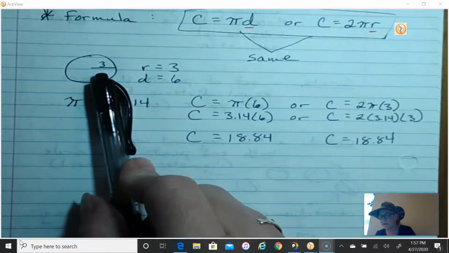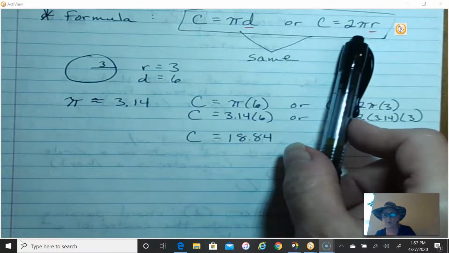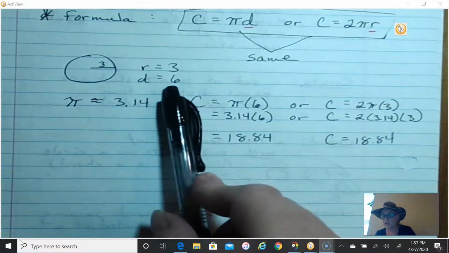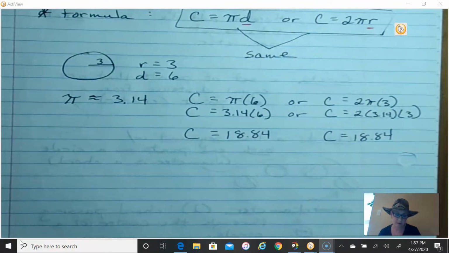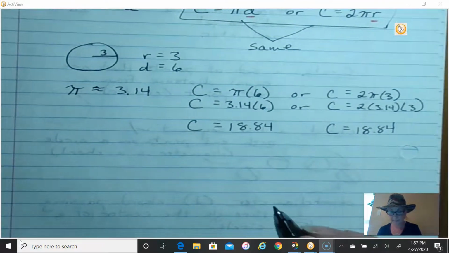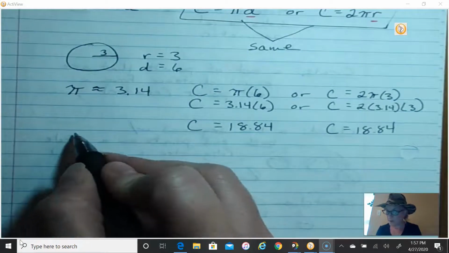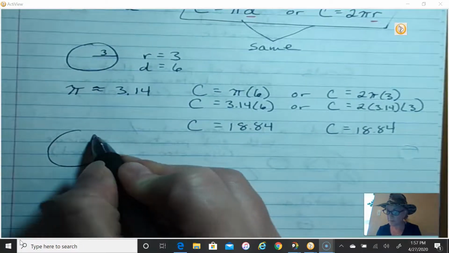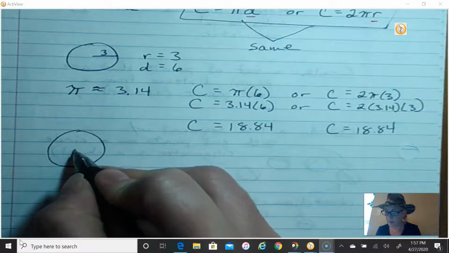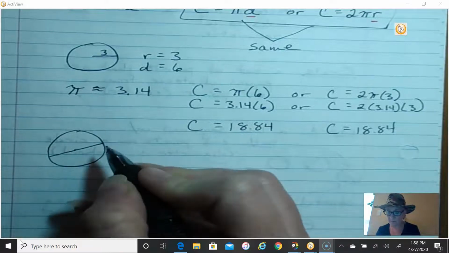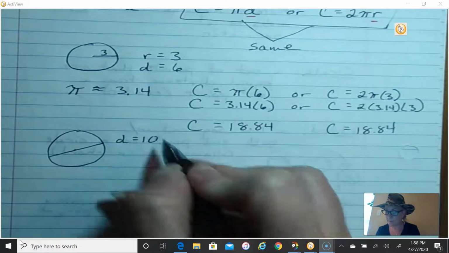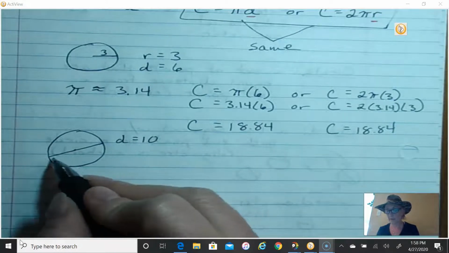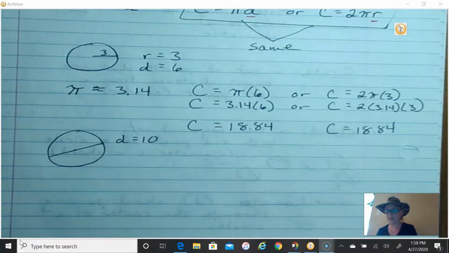If they give you the radius, you can use that one, or you can figure out the diameter and use that one, but make a decision. Let's say, for example, they give you the diameter of 10. They said, here's your diameter, it's 10.